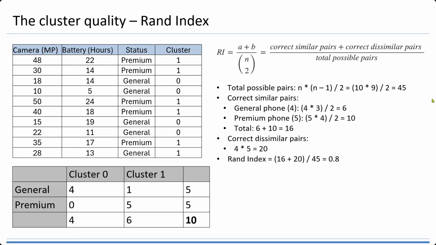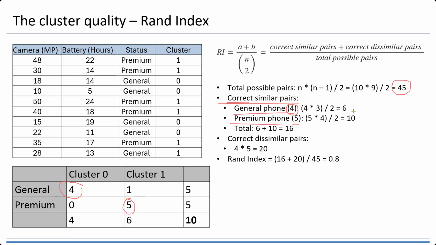Now let's get back. So we have the total pairs, there are 45. Now I want to check how many of them are correct for the similar pairs. For the similar pairs means if they are general phone, we have 4. Okay. In the general phone, there are 4 which is correct. For the premium phone, there are 5 that are correct.